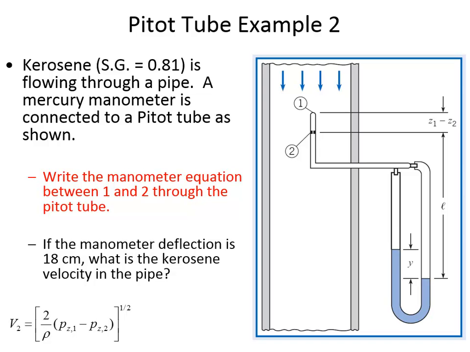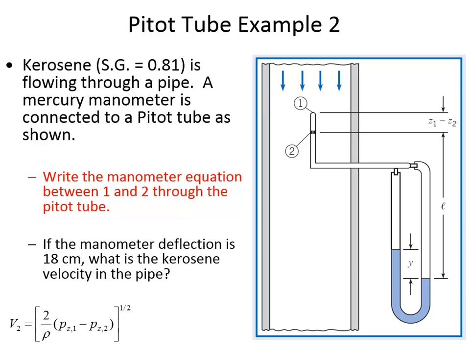From this interface up to 2, the distance is L minus y. So that's what's indicated here. L minus y gets us the distance from the upper mercury interface to location 2, vertical distance, multiplied by gamma of kerosene, and then that is equal to the pressure at 2.